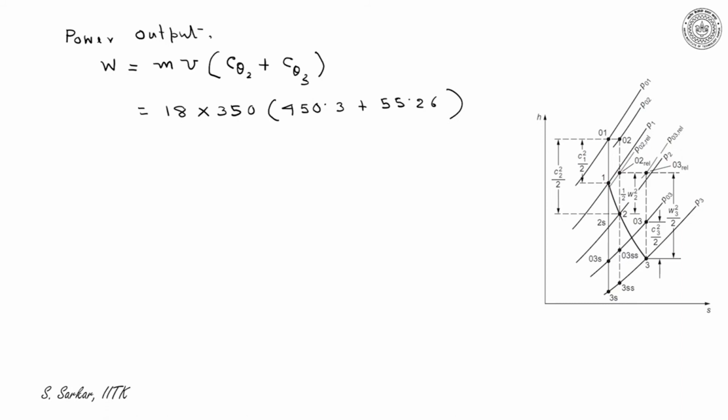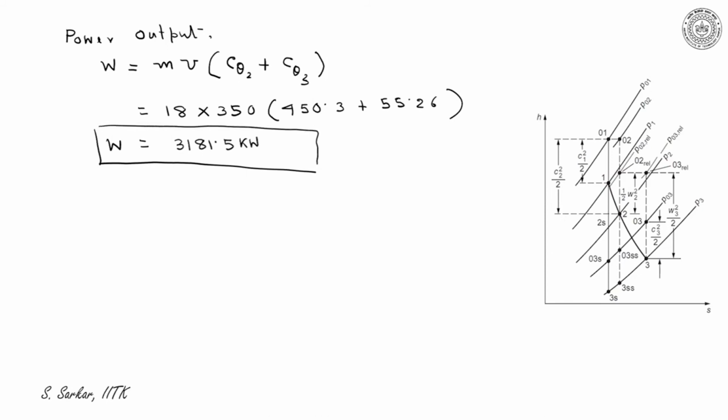If you do all these things, it would be 3181.5 kilowatt. So the power output is 3181.5 kilowatt. This is part B I have completed now.